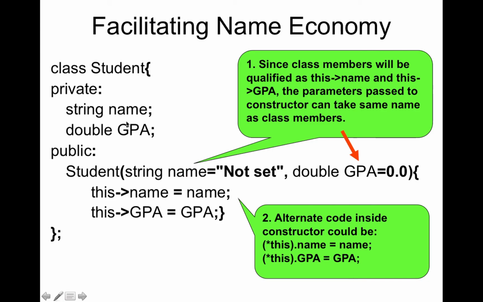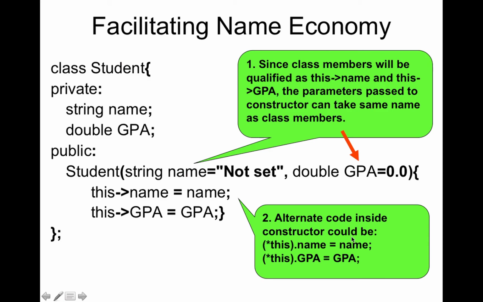This arrow name will always refer to this, and of course local variables have precedence, so name alone will be referring to the argument that's being passed. And same thing, this arrow GPA is really referring to this one because this is the fully qualified name of that, and this GPA is the argument being passed. And of course alternate code for these two lines can also be that asterisk this dot name equal to name and asterisk this dot GPA equal to GPA.